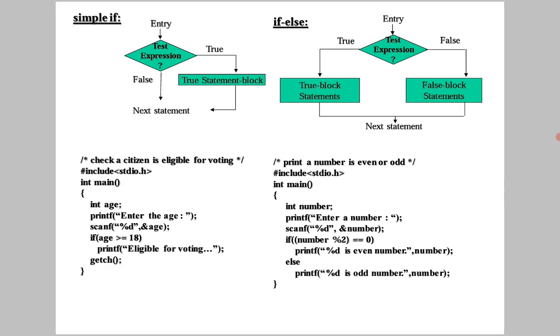So what are conditions? Next in this slide we discuss what is a condition and what are conditional operators or control statements. What is a condition and how to test a given condition or expression in C language? Generally in C language we test the given condition by using if statements.